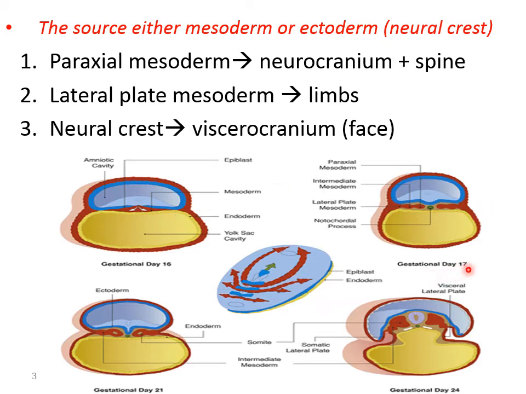Gestational day 17, we have ectoderm, mesoderm, and endoderm. And in the mesoderm, we have the start of differentiation into three parts: paraaxial mesoderm, intermediate mesoderm, and lateral plate mesoderm.